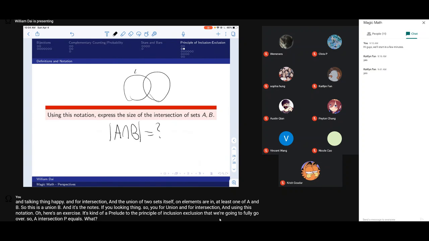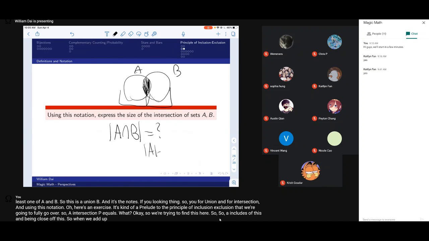Okay, so we're trying to find this here. A includes all of this and B includes all of this. So when we add up A and B, we count this once, we count the middle twice, and we count this also once.